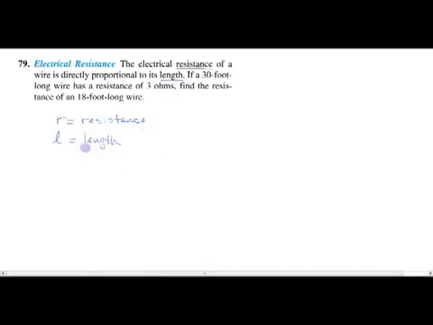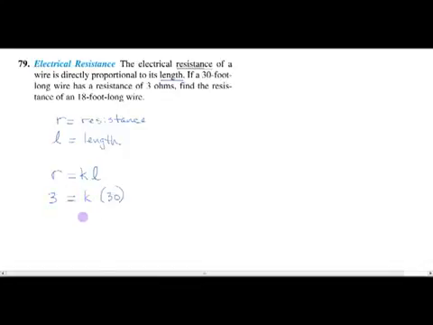So the electrical resistance of a wire is directly proportional to its length. That's our model. And here we have a 30-foot long wire that has a resistance of 3 ohms. So we need to use that information to find our constant of proportionality K. The 30-foot long wire, that's our L, has a resistance of 3 ohms.